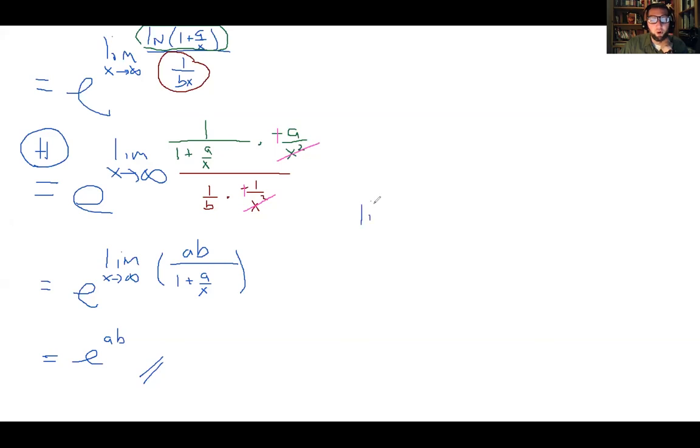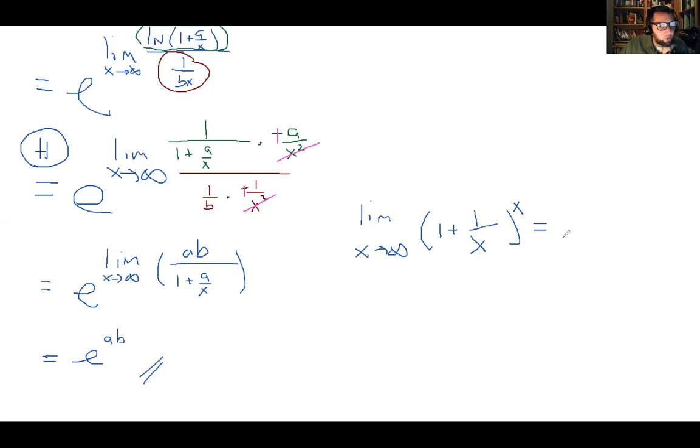So more specifically, this means that 1 plus 1 over x all raised to the x just equals what? Okay. So what's the a and what's the b here? A is 1, right?